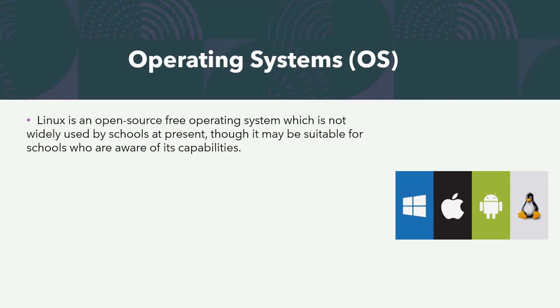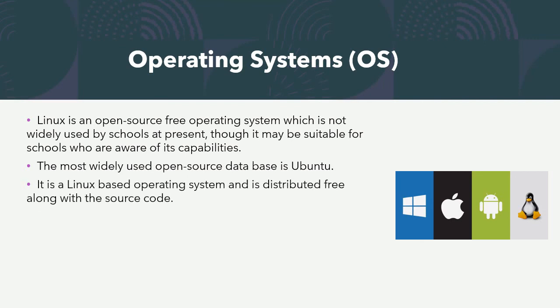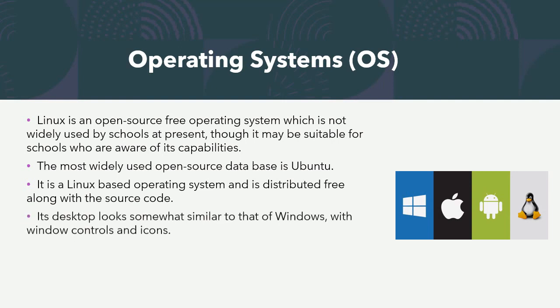However, there are also operating systems that are free. For example, Linux. It is an open source free operating system which is widely used by schools at present, though it may be suitable only for schools who are aware of its capabilities. The most widely used open source operating system is Ubuntu, a Linux-based operating system distributed free along with the source code.